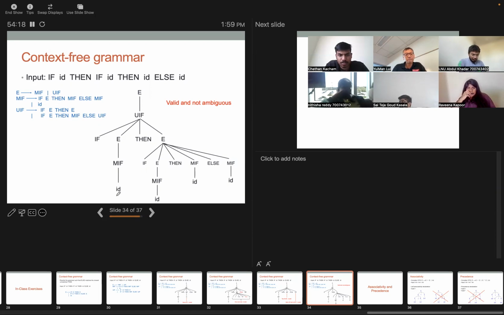Okay. And then in order for it to match, I have to choose the first option, right? So that will be the if ye, then MIF, else MIF, right? You agree? Then all the MIF need to be replaced by ID.